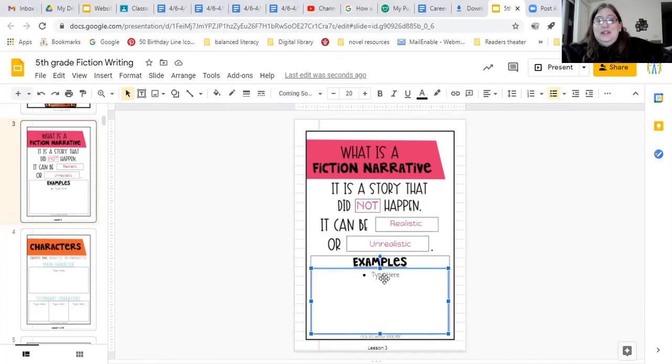It could happen. So when we think about some examples, the Willoughbys is an example of unrealistic, and Number the Stars is an example of realistic, right? We often talk about realistic fiction. That's a story that could happen, but it didn't happen, right?